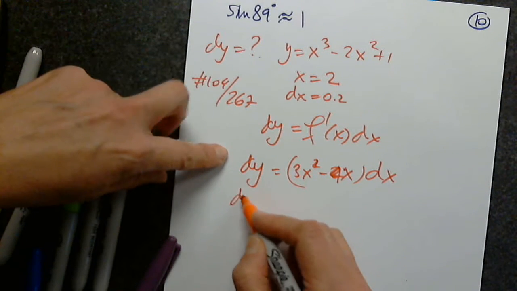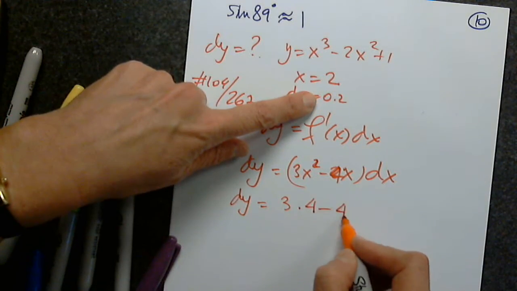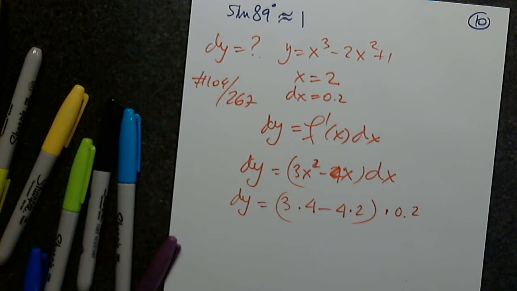So now dy equals 3 multiplied by 4 minus 4 times 2 times dx, which is 0.2. Any questions?